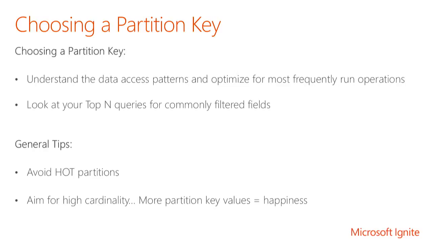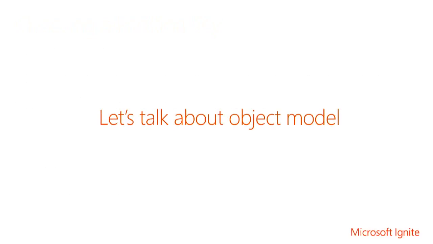Well, I might do tenant ID plus the current month: tenant ID plus February, tenant ID plus March, tenant ID plus April. That way, for any given month, I know that this puts a bound on how much data can grow for that given partition key value. This is one way of increasing the cardinality.